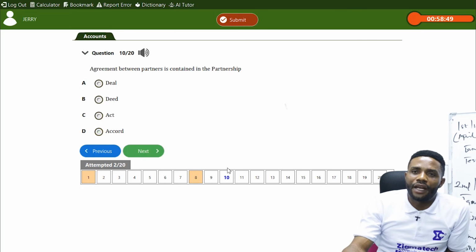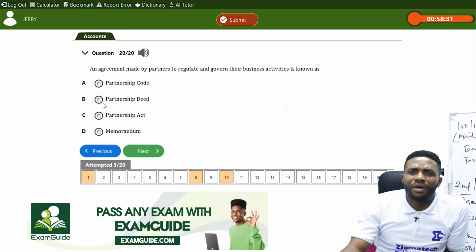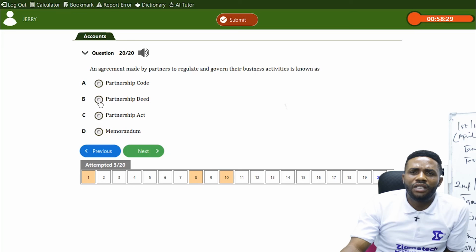Let's take question 10. Agreement between partners is contained in the partnership deed, not partnership deal. Let's take question 20. An agreement made by partners to regulate and govern their business activities is known as partnership deed.